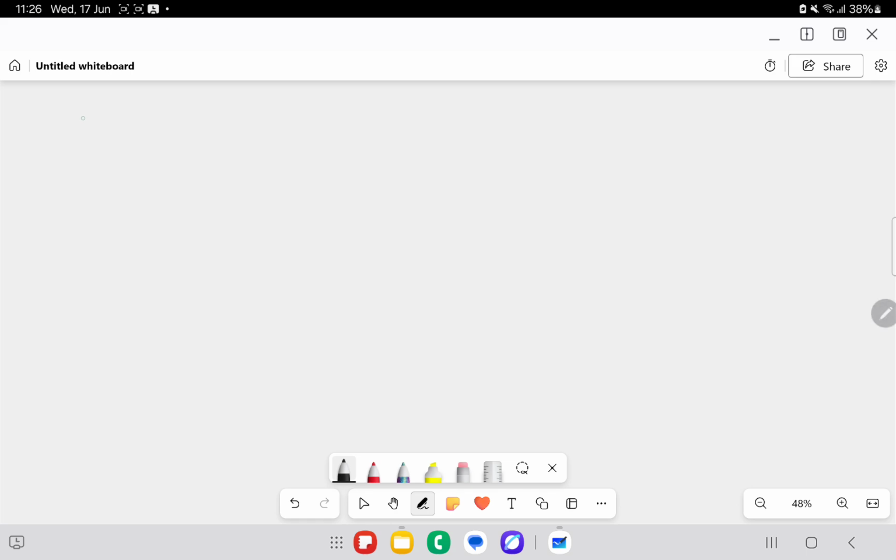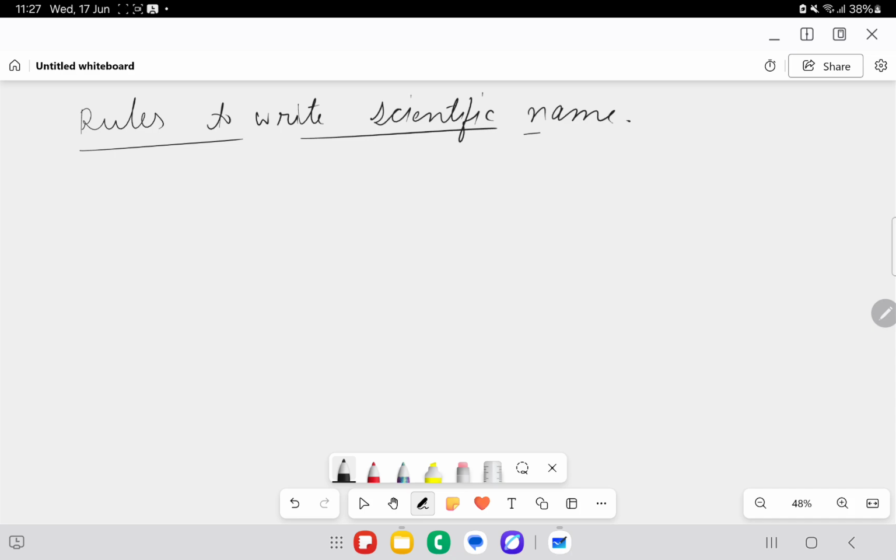There are some rules to write the scientific names. Always, a scientific name is made up of two parts.